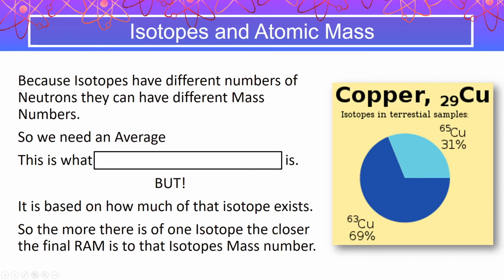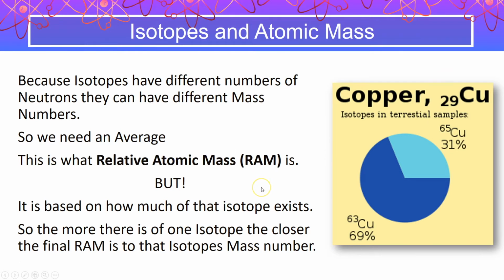So like I was saying, you need to take an average, but it's a specific average that's a weighted average, and you get what's called a relative atomic mass. It's relative to how much there is of the different kinds. So it's based on the percentages there. You can see here copper, it's talking about having two different kinds, copper 65 and copper 63. Copper 63 would be worth about 69% of the final weight, whereas copper 65 would only be worth 31%.